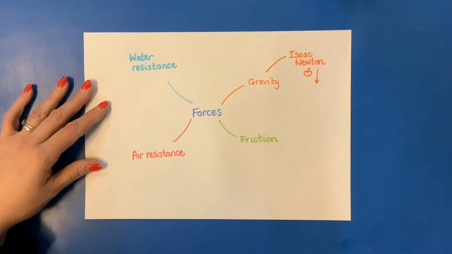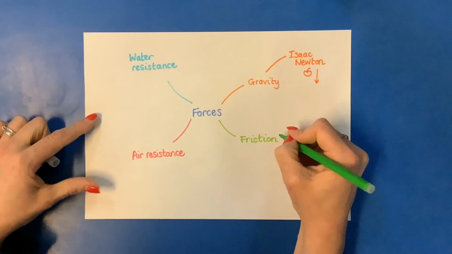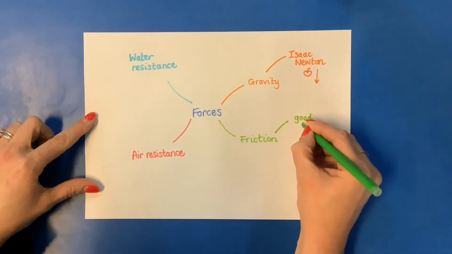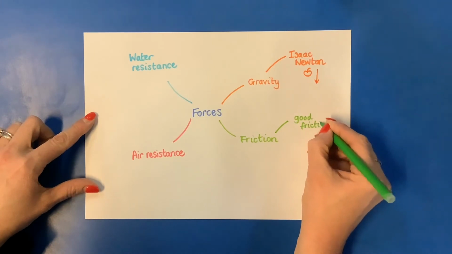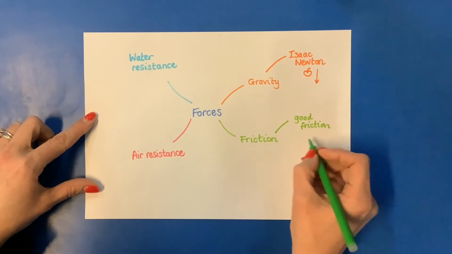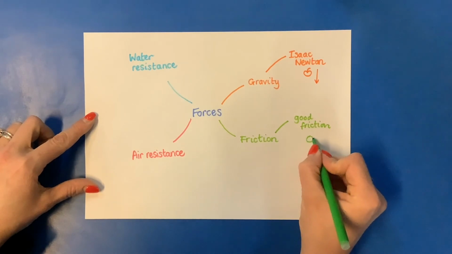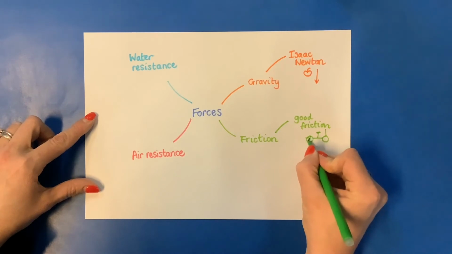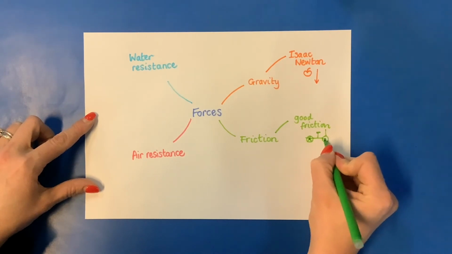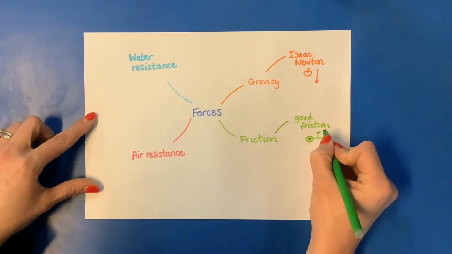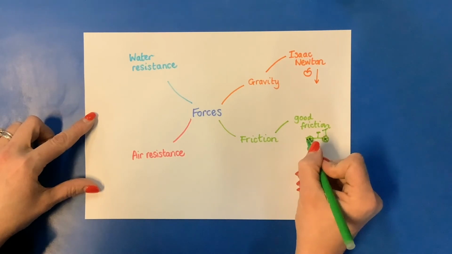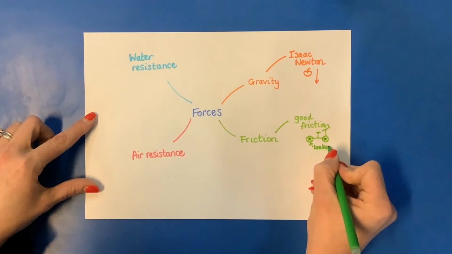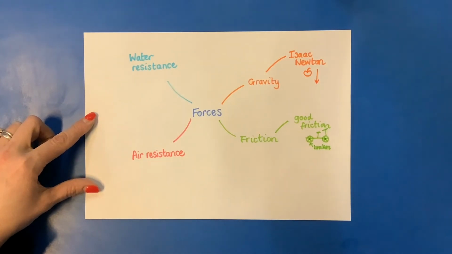Okay, now friction. I know sometimes you can have good friction that is useful, like the brakes on a bike or on a car. So I'm going to have a go at drawing a bike. Don't laugh at my drawing, I'm not the greatest drawer, but I'm going to give it a go. So having my brakes on my bike, that's an example of good friction.